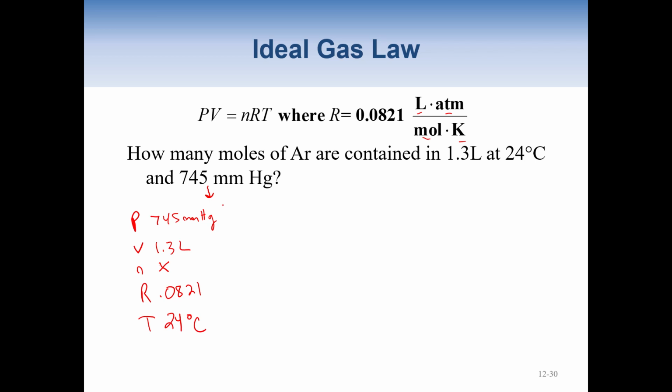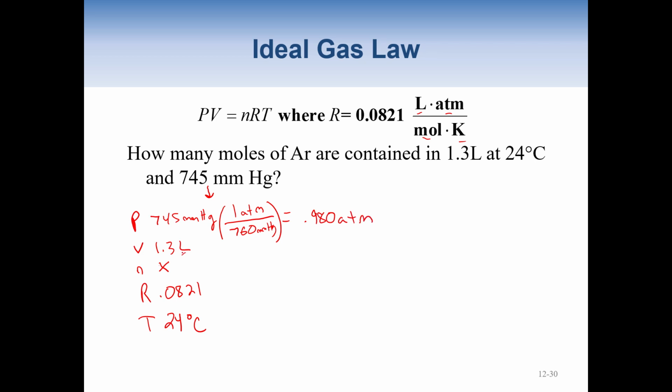So the first one we're converting to atm. 760 millimeters mercury is 1 atm. So when we do the conversion, 745 divided by 760 is equal to 0.980 atm.